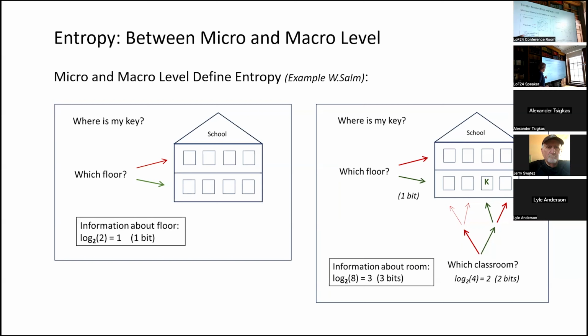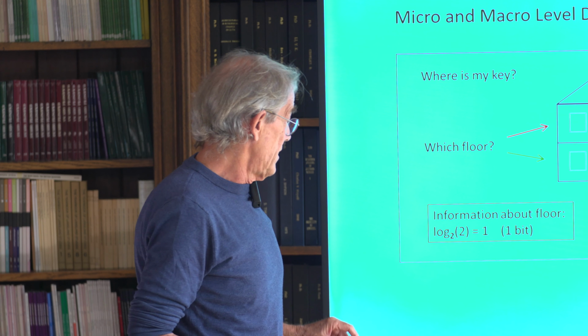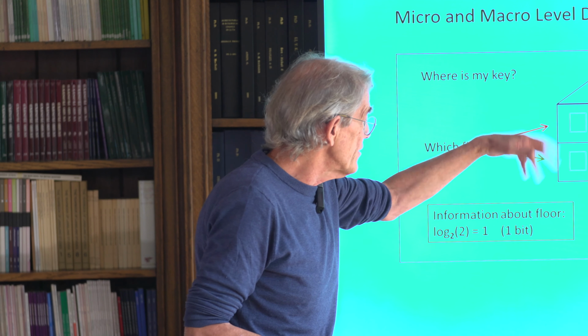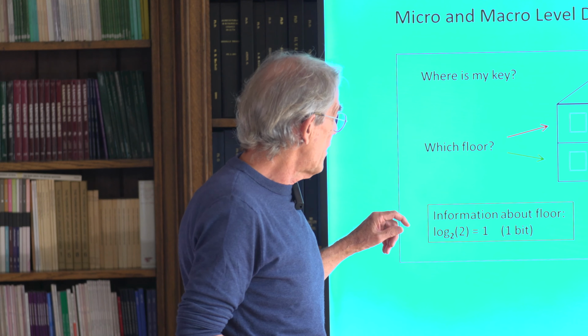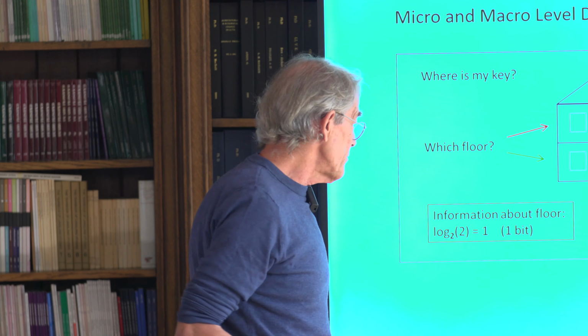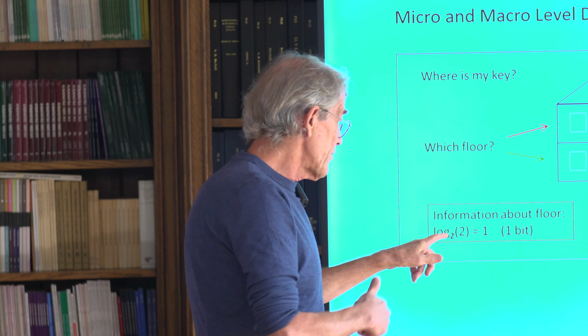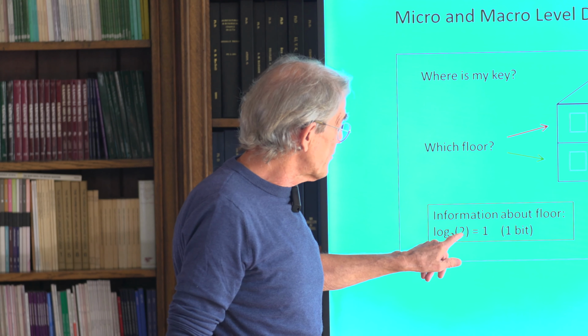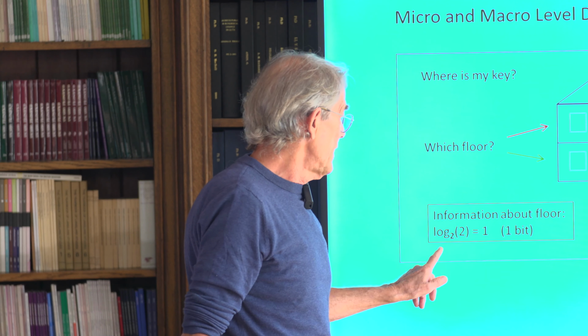A decision of 2 is 1 bit. This is the formula for the bit: if you have a choice of 2, you take the logarithm of the number of possible outcomes to the base of 2. That is the bit. So if you have a choice of 2, like 2 floors, it is 1 bit.